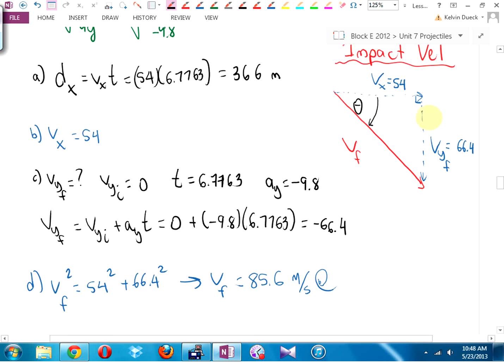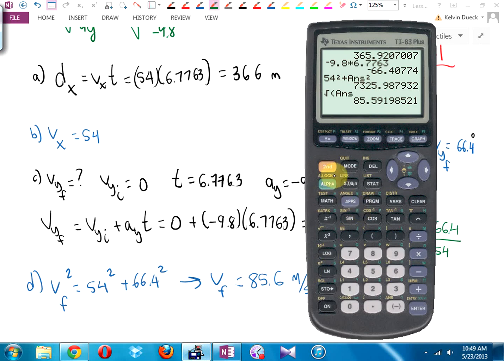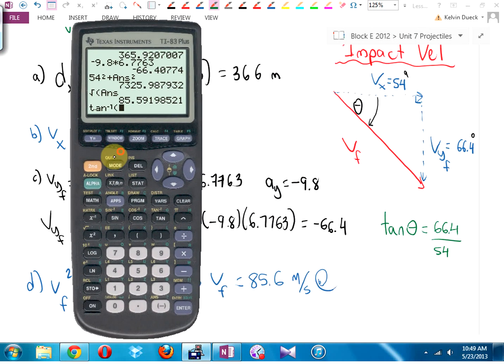Opposite, adjacent. Yeah, the one that showed up most often. Tangent. So tan theta equals opposite over adjacent. Inverse tan of 66.4 divided by 54. You know what, I'll call that 51 degrees.